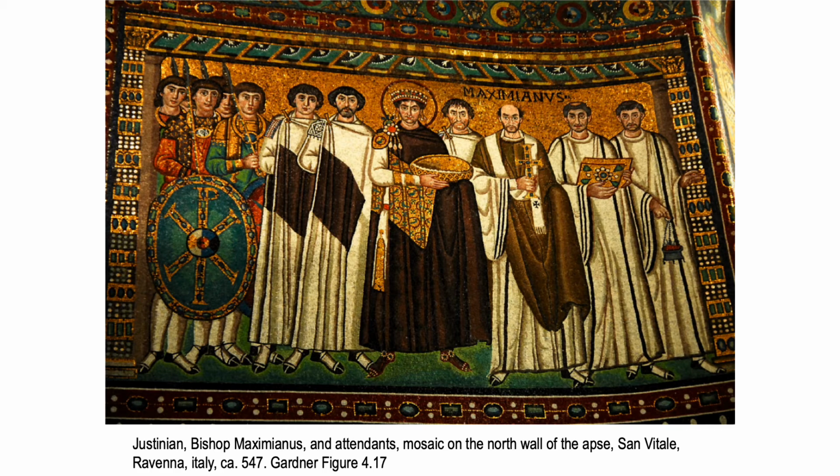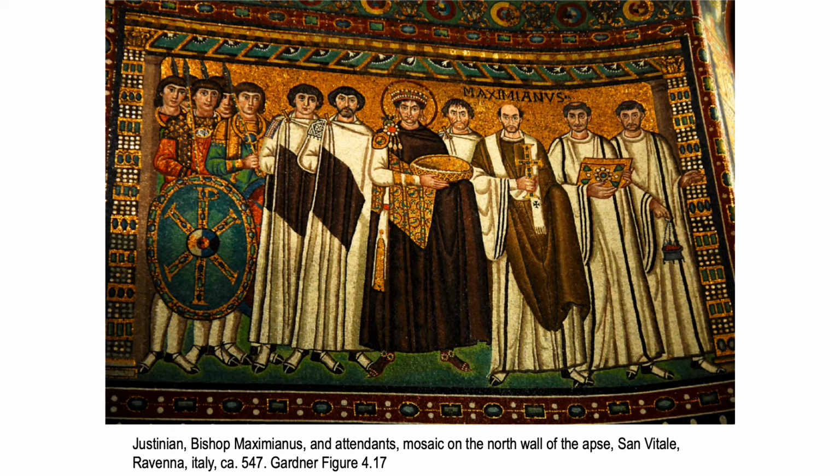And if you look at their feet, Bishop Maximianus actually stands in front of Justinian. But do you remember the diptych of St. Michael that we looked at at the beginning of this lecture? Well, the same artistic technique is being employed. Do you see that his feet stand in front of Justinian, but his shoulders and his arms look like they are behind Justinian?